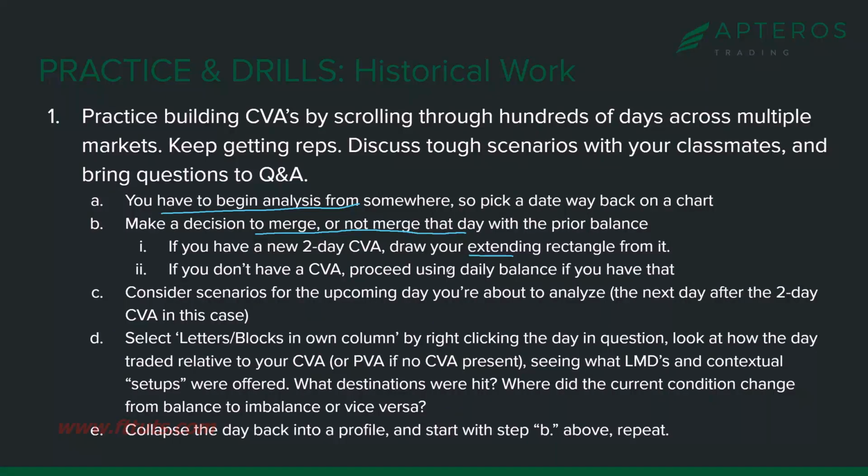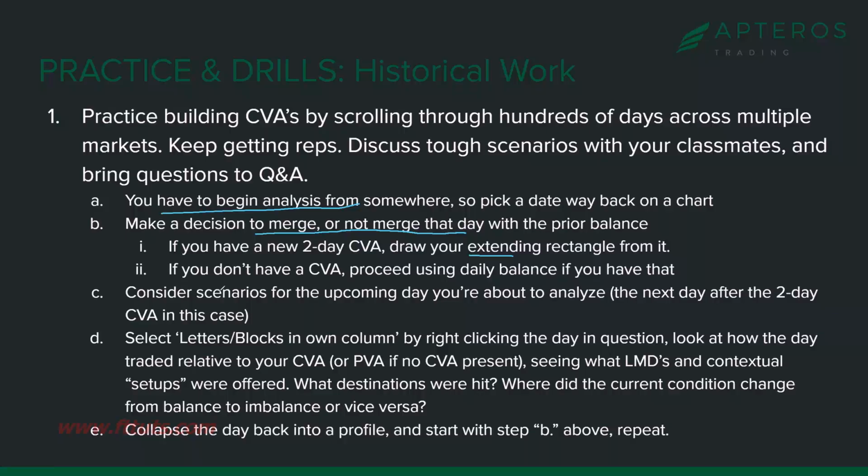If you don't have a CVA yet, proceed as normal in terms of hypos and all the stuff we've been doing, but just use the prior day's value if it's a good value. If it was just a big elongated trend day, remember, nothing exists. That day might as well not be there, so you might as well just go pick another day. Move to the next day, right? And begin the process again.